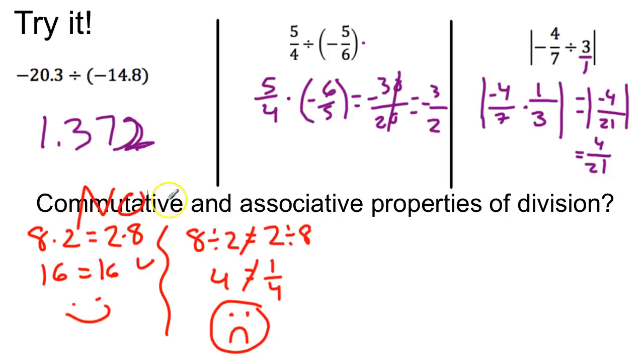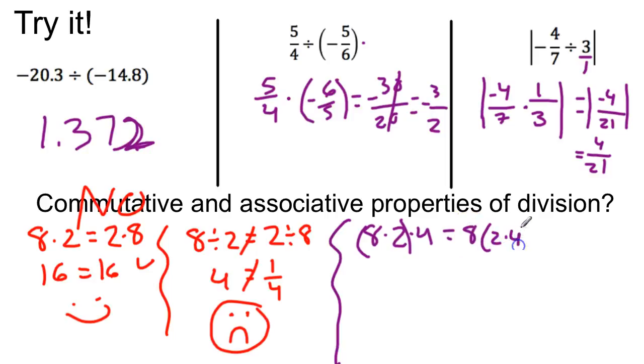Commutative, no. What about the associative? If you remember, that's when you make groups and you can change the groups around. So for multiplication, an example, 8 times 2 times 4. If I make this a group, is that the same as 8 times 2 times 4?